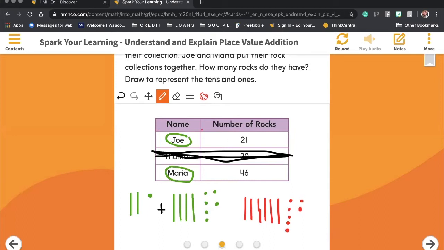So all together, Maria and Joe have 10, 20, 30, 40, 50, 60, 61, 62, 63, 64, 65, 66, 67 rocks.